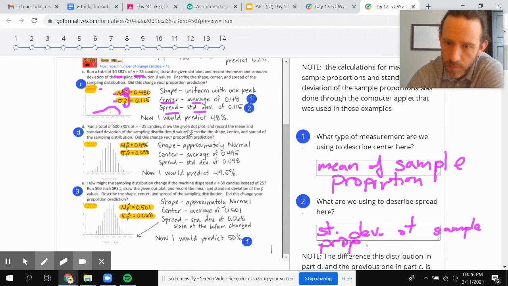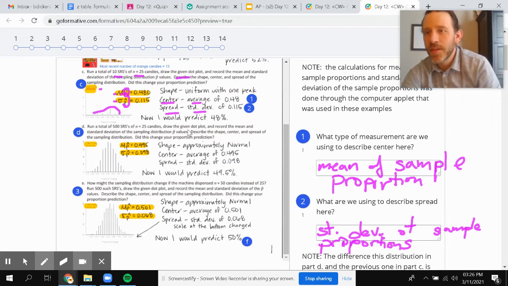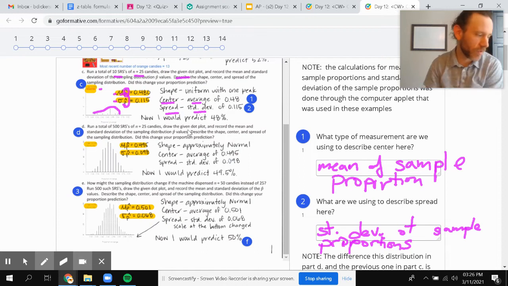That's proportions. Okay. So pay attention. We're going to keep using that symbol here throughout. So we want to make sure that we understand it. So those are the types of measurements that we're talking about when we're describing the distribution. Okay. That's the thing that you have to remember whenever somebody asks you to describe the distribution.